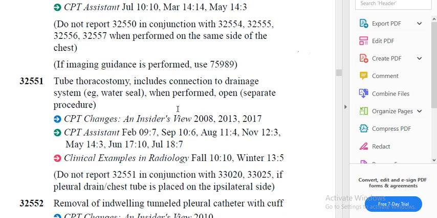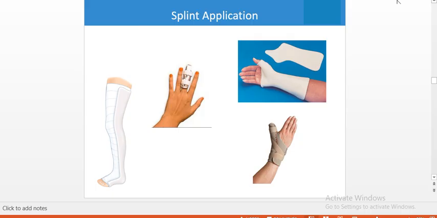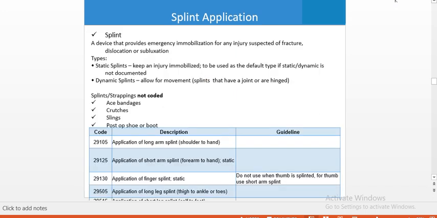One of the most common procedures in the emergency department is splint application. To code splint application, we need to know the purpose of the splint and who will perform the splinting. So what is a splint?